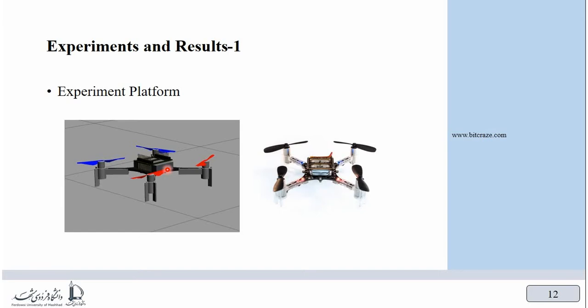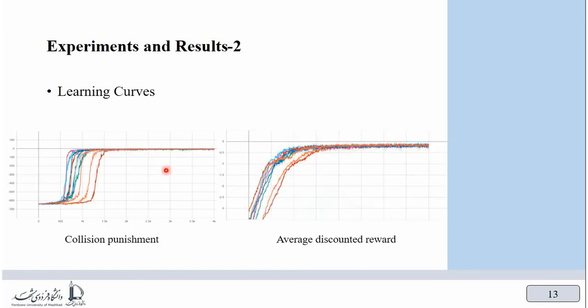In order to evaluate our study, we designed multiple experiments, but first let's overview the learning curves. You can see that in each of 10 trials of different random seeds, our agent is successful at learning the desired tasks. On the left side, the collision punishment is converging to 0.